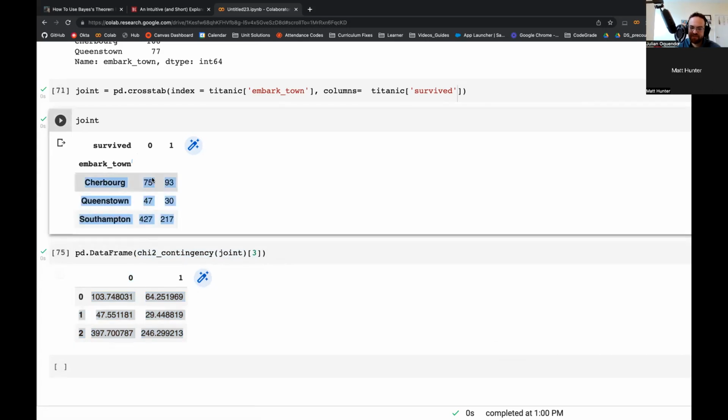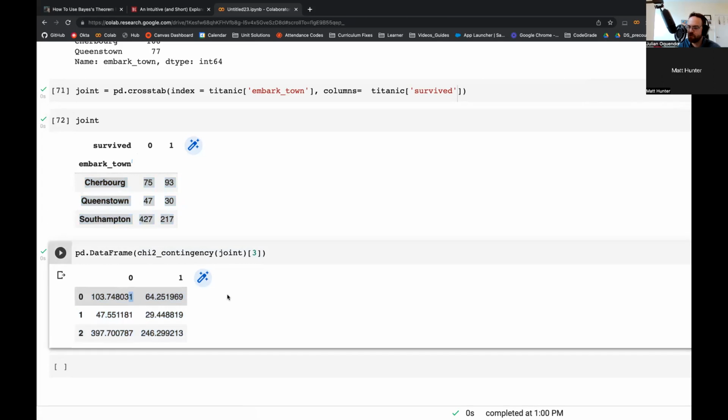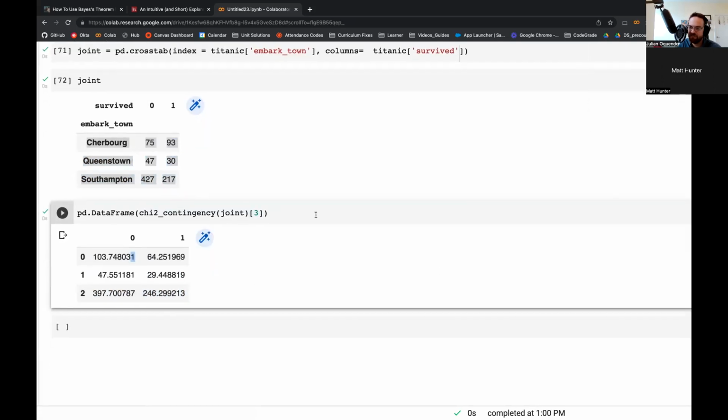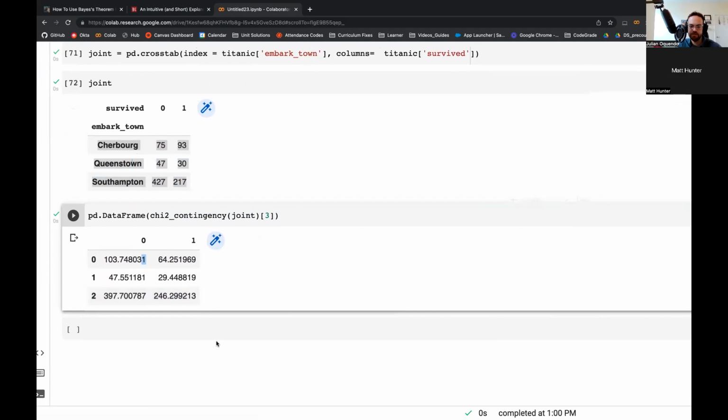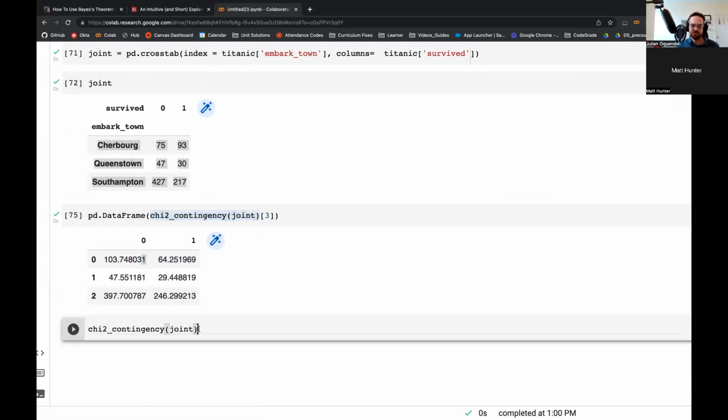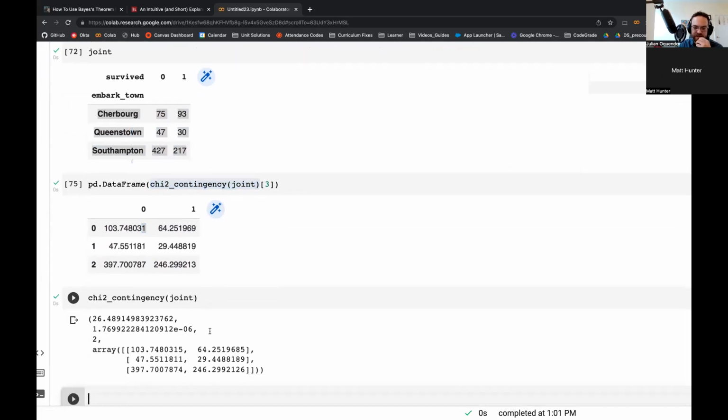There's a significant difference, for example, in Cherbourg, where 93 people survived, whereas if we were working off of expected values, where the values don't actually make a difference to each other, this is what we would expect to see. And that chi-square contingency tells you just how different these values are.